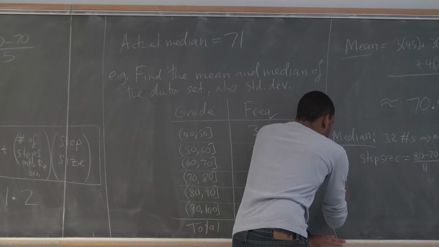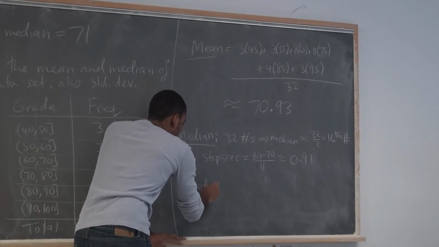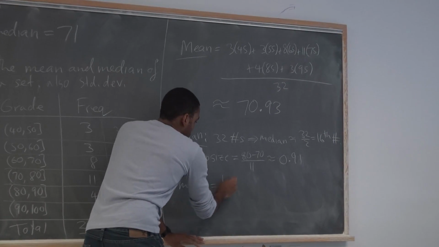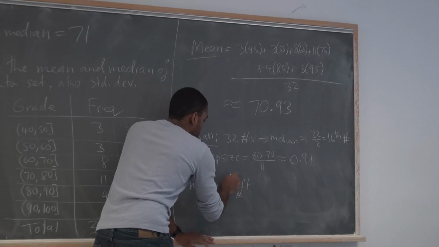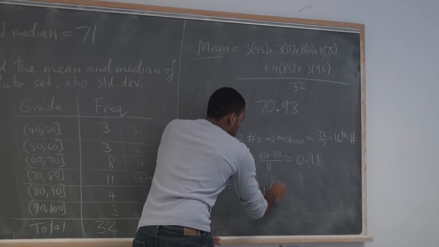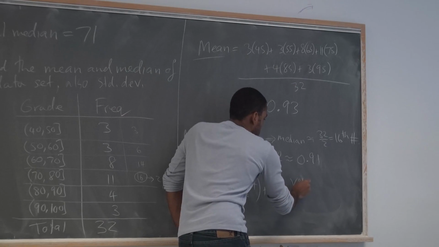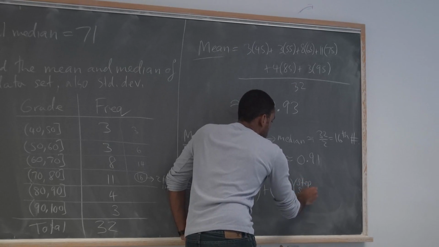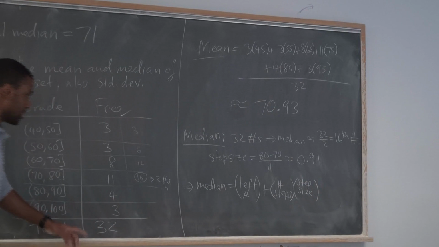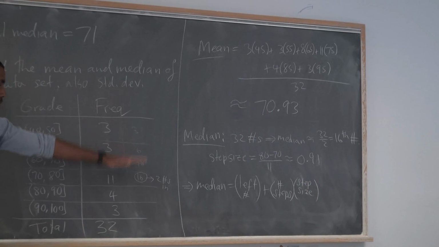So this means that the median is the left number plus number of steps times step size. Number of steps is how many numbers into the bin we need. We need 2 more numbers, because up to just before that bin we had 14, which means we need 2 numbers into this bin.